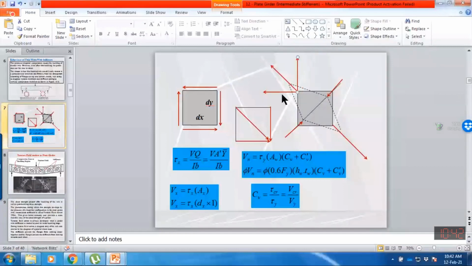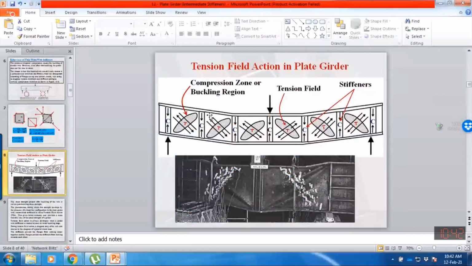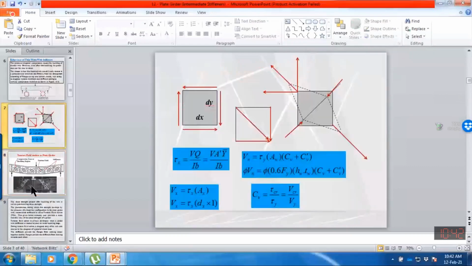So if we are somehow able to balance this horizontal component of the tensile force and the vertical component of the tensile force by any means, we can improve the shear capacity. The horizontal component is balanced by the normal forces in the plane, and the vertical component acting upward is resisted by providing intermediate stiffeners.